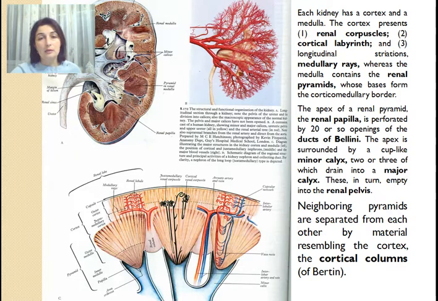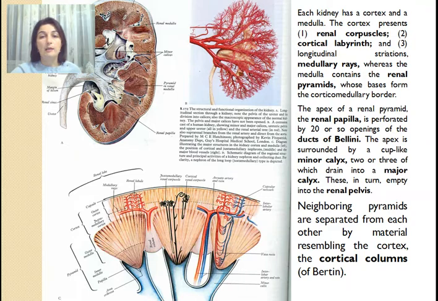The order of branching of the arteries inside of the kidneys may be represented as follows: the renal artery enters the organ and subdivides at the hilum into anterior and posterior branches.